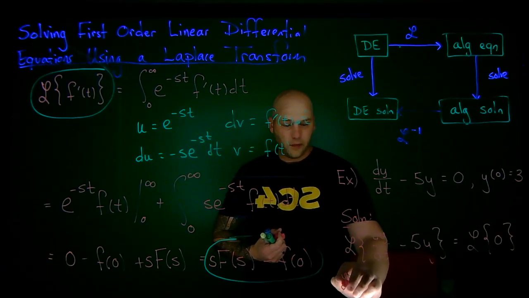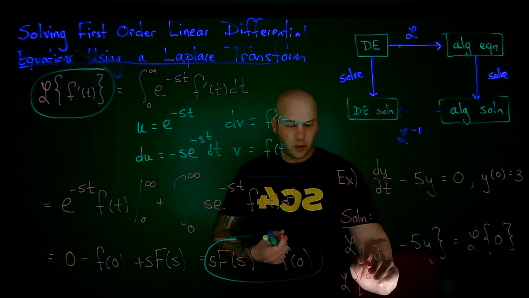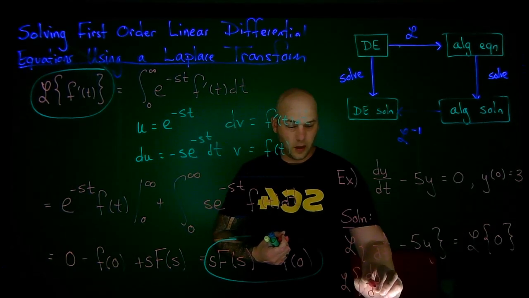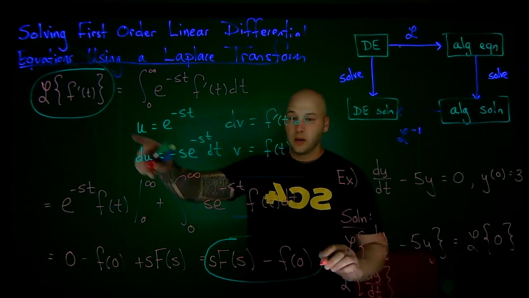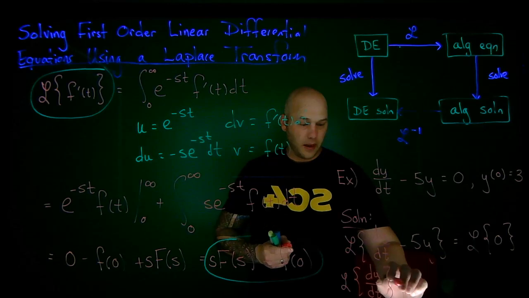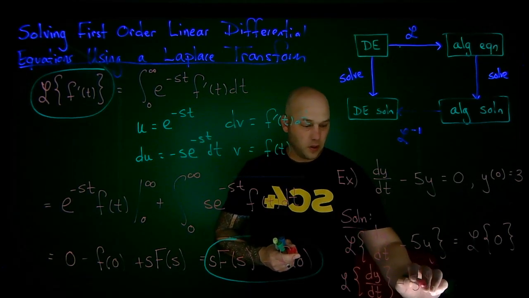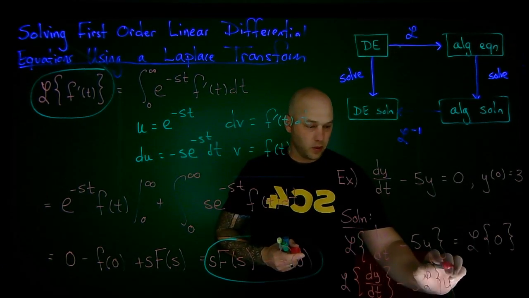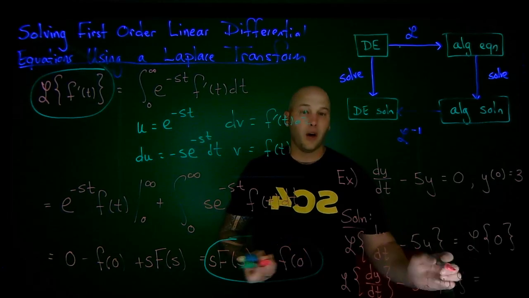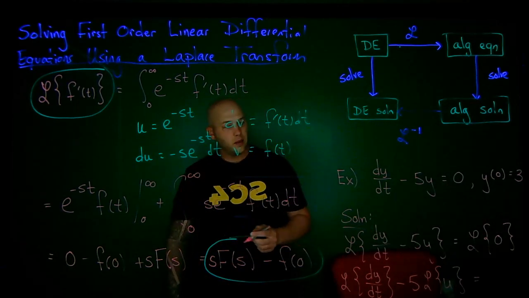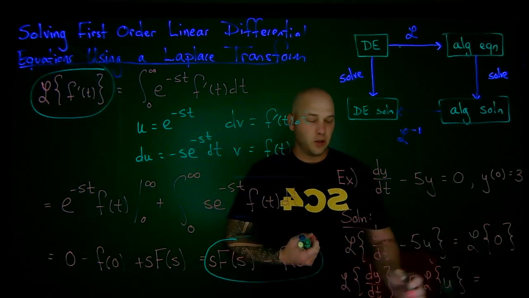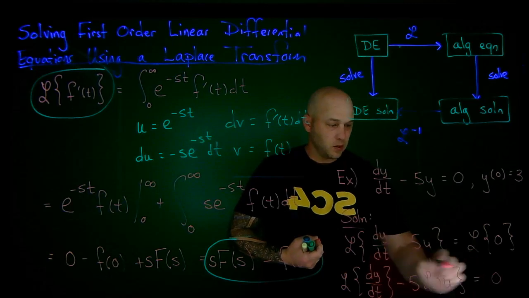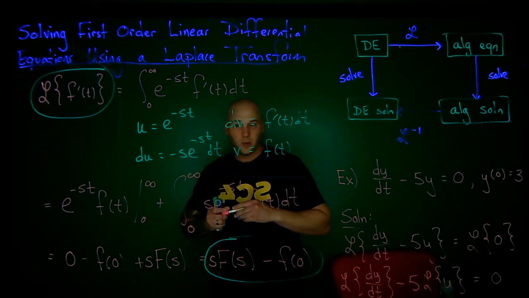Therefore, the left-hand side is the Laplace transform of the derivative, which is what we discussed over here, minus 5 times the Laplace transform of the original, or unknown, function. And on the other side, the Laplace transform of 0 is simply 0.